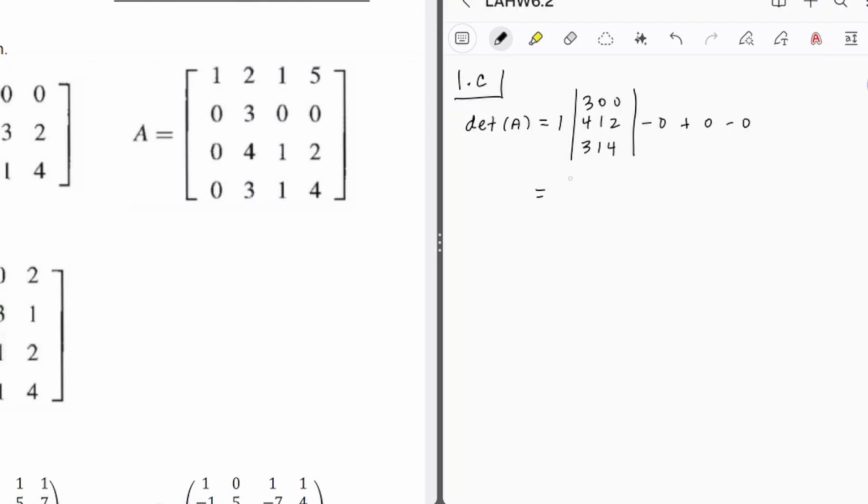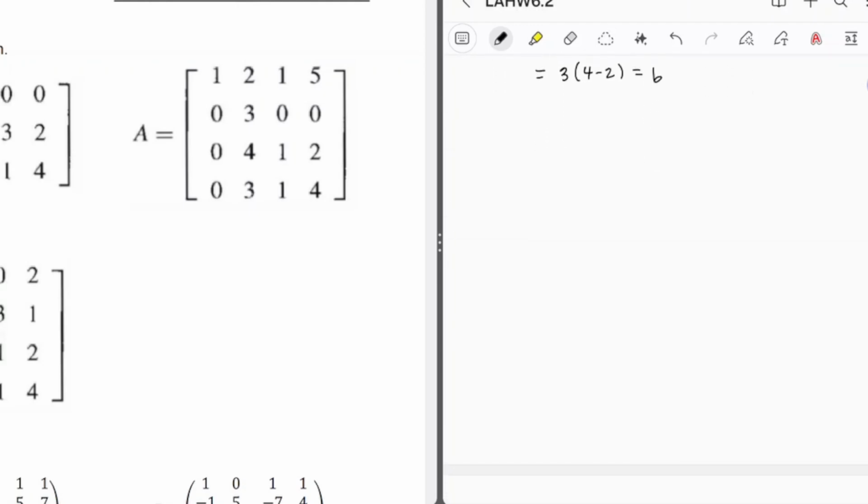So this is equal to 3 times the 1 times 4 minus 2 times 1. So 3 times 2 is going to equal 6. Again, there was going to be a minus 0 of something plus 0 of something else, but I'm making use of those good rows with a bunch of zeros. And that was 1C. I am going to need a new page, but I don't need it yet.